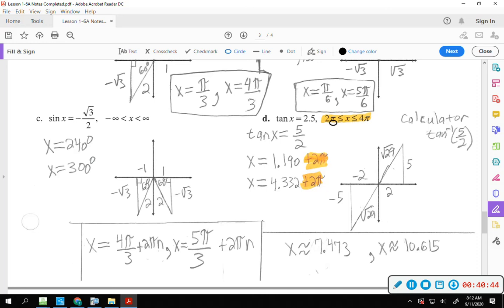So these two values are in between 2 pi and 4 pi. They make sense. These two values are not between 6.28 and 12.56. They're not. So you have to know how the rotation works on those as well.